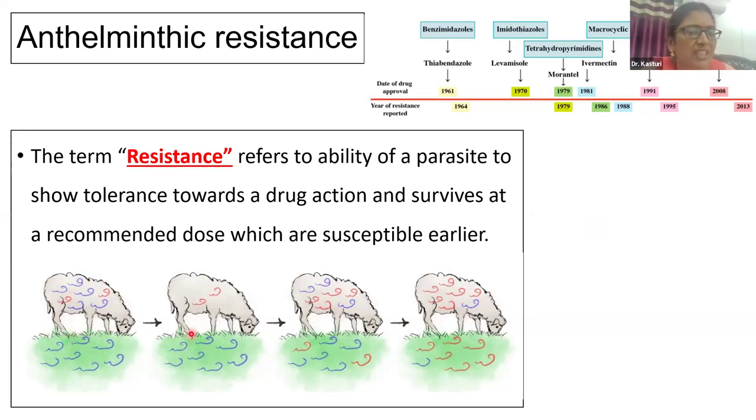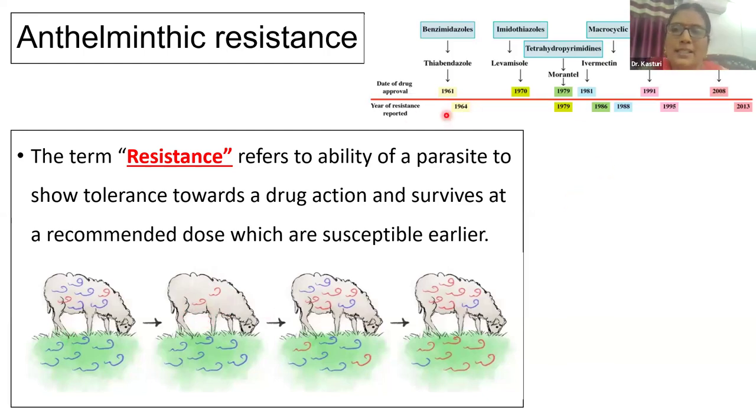These recombinations result in the occurrence of resistant genes. The parasites harboring these resistant genes are able to withstand the drug, and are referred to as resistant parasites.